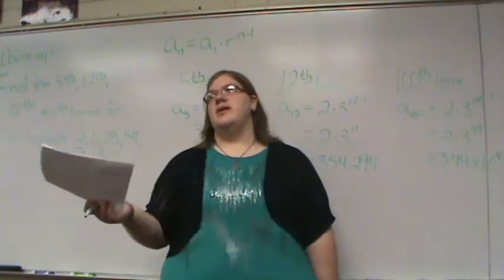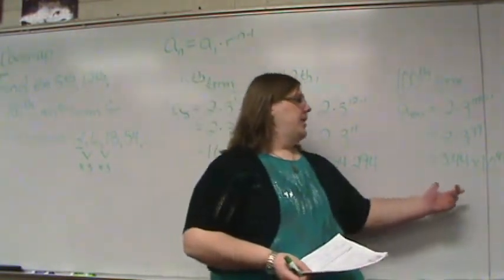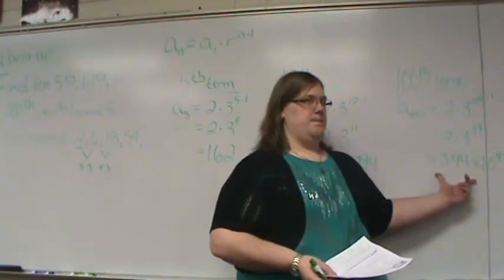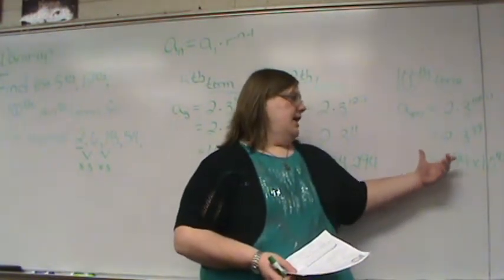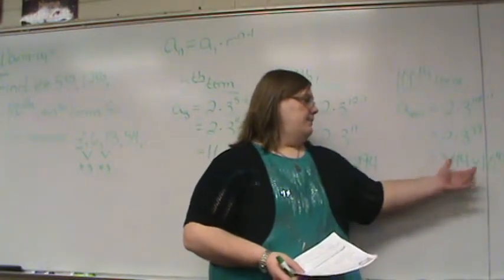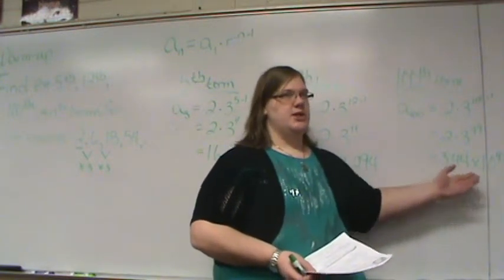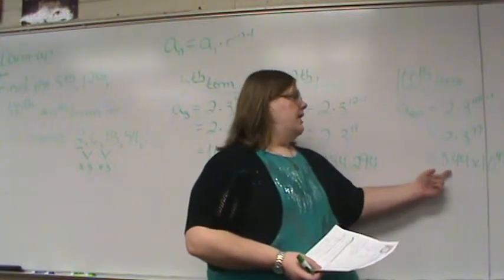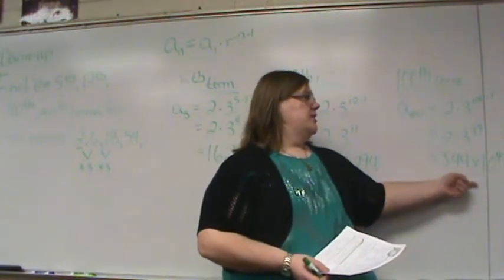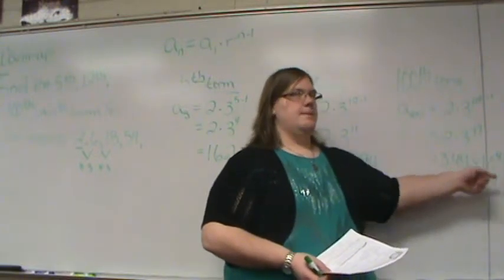If we were using one of the other calculators, it's going to put it in this type of notation. It's in a scientific type notation, if you've taken chemistry and that kind of stuff. So we have 3.44 times 10 to the 47th.